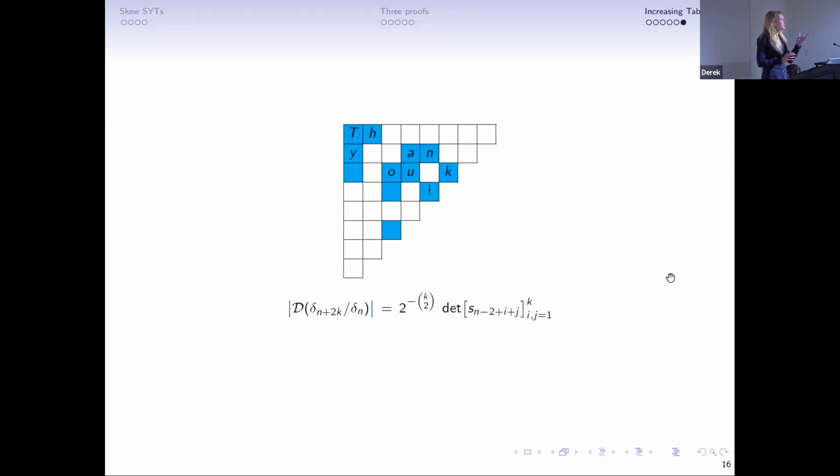Okay, so Sergi was asking about cylindric Young tableaux. If there are such formulas, we don't know, but we can look at it. There may be, it depends what's available.